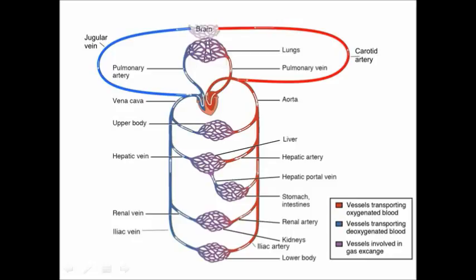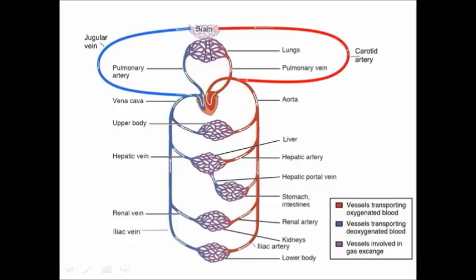And it's quite important at this stage to rid yourself of any notion that arteries only carry oxygenated blood and veins only carry deoxygenated blood, because if you look at the pulmonary circuit, you'll see that there is the pulmonary artery. What's it doing? It's carrying deoxygenated blood, and the pulmonary vein is carrying oxygenated blood.